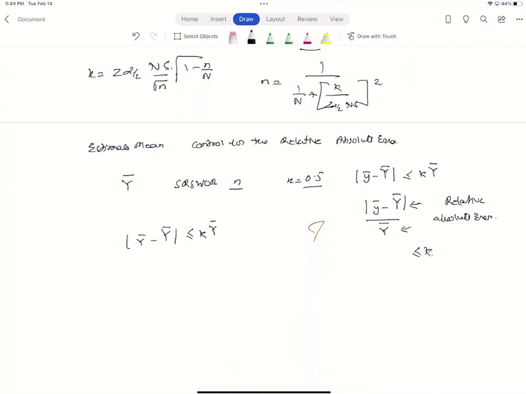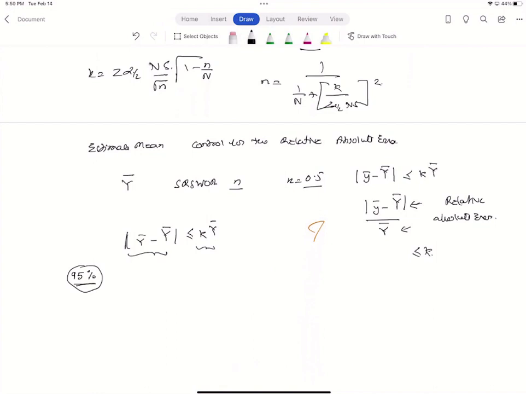Okay, this is what we want, but we are talking about a probability sample, right? We are talking about probability. So we can require that for some error rate or some confidence limit, 95%, with 95% confidence, the absolute error, which is this, lies within k times the mean. We cannot be 100% sure of anything, but we can say that we want to be 95% confident.